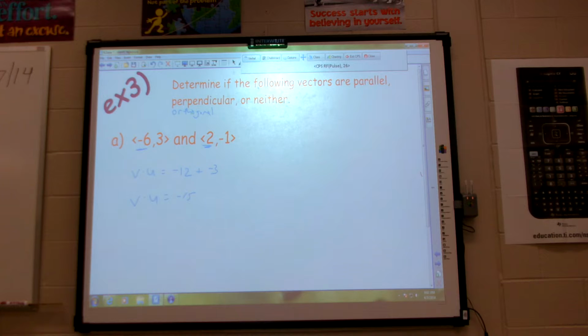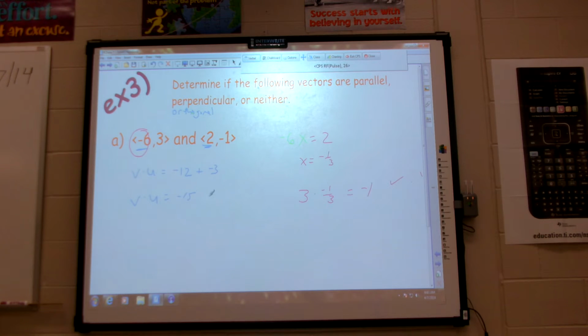You could say negative 6 times what equals 2? I'm saying, can I times a number to get this? That number would have to be negative a third, right? So I'm saying 6 times negative a third is 2. Now check it. If I take 3 and I times negative a third, do I get negative 1?